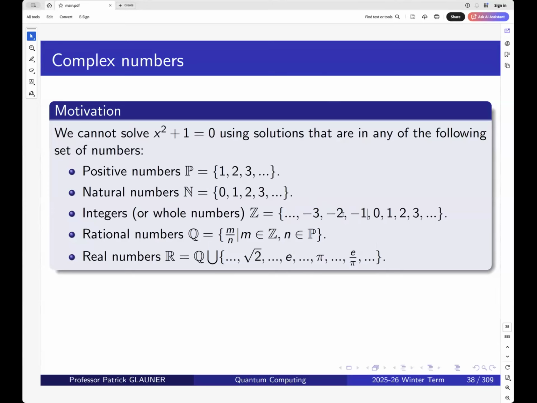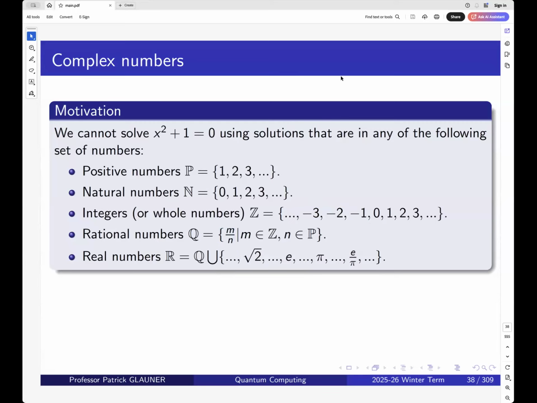So it's also -1, -2, -3. We can further extend that set by looking into the rational numbers. Those are fractions where we divide m by n, where m is an integer and n is a positive number. So we don't divide by 0.